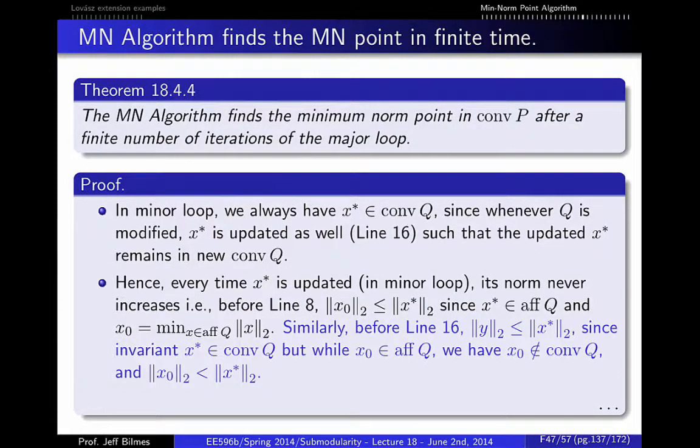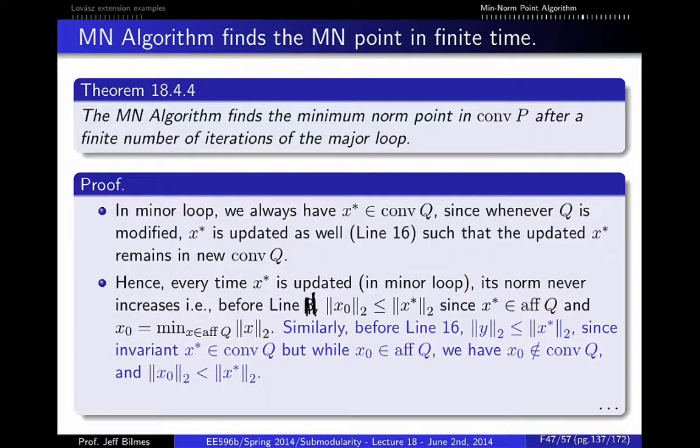And let me just fix this again so this is not confusing. This is line 11 again. Similarly, before line 16, this is the correct line now, we have that the y, which we computed in line 14, has norm no greater than the norm of the current x.